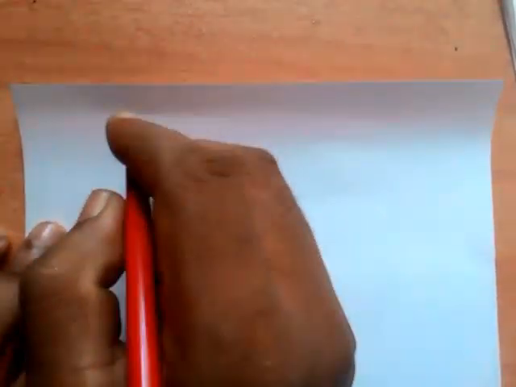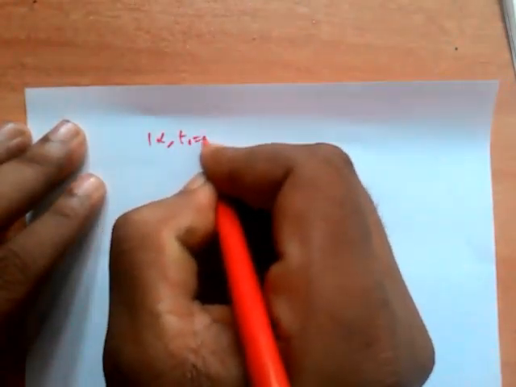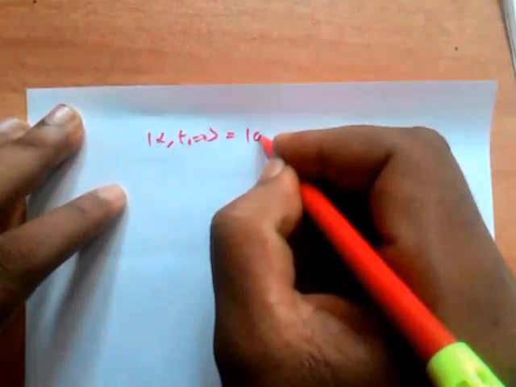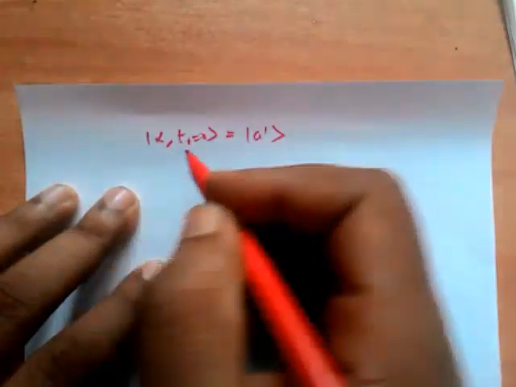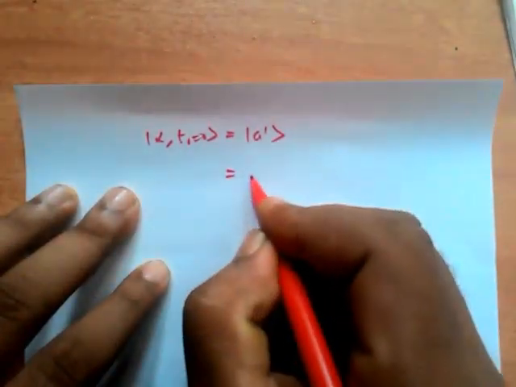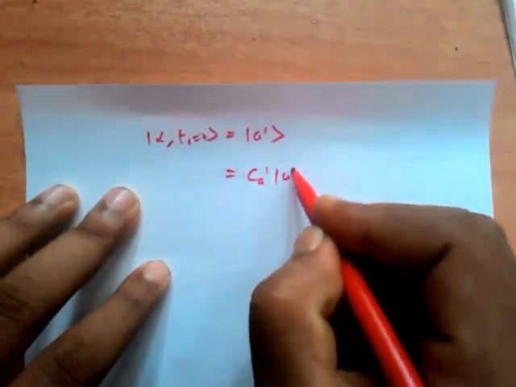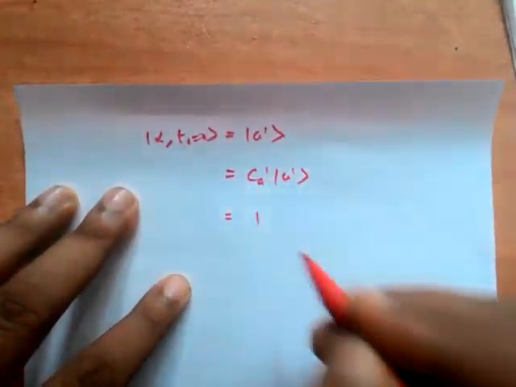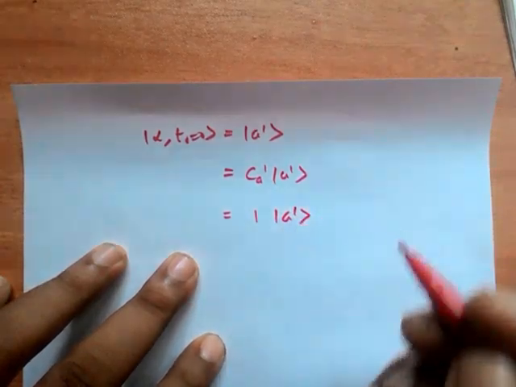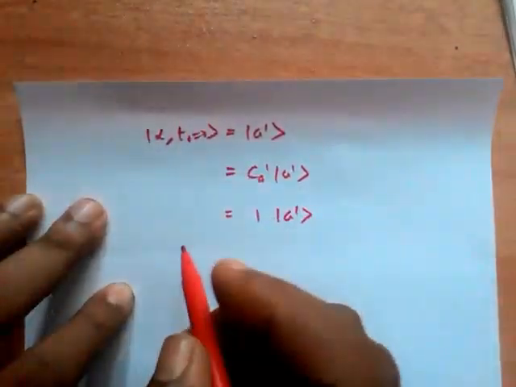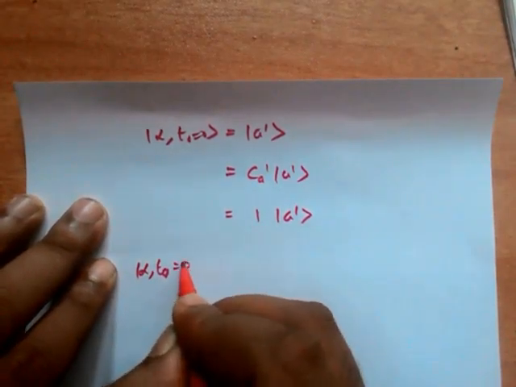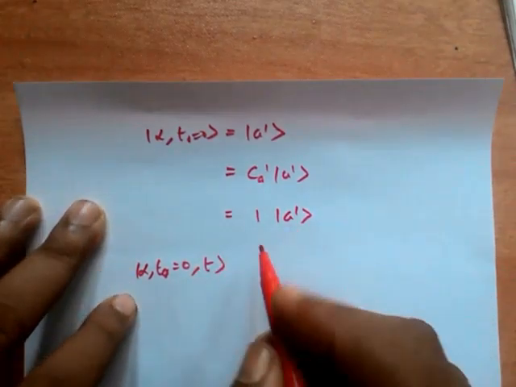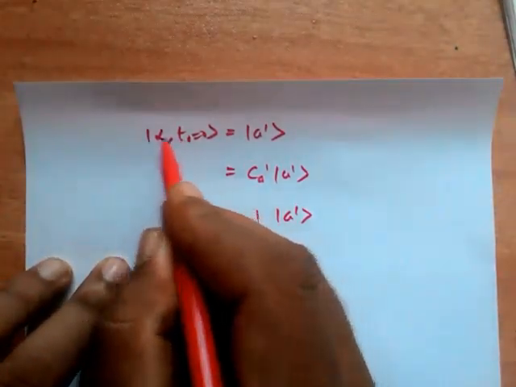let us take a special case, that is this alpha at t_0 equal to 0 is equal to base ket |a'> itself. Base ket a' itself means this alpha we can expand as c_a' |a'>. Okay, this c_a' we are taking here as 1, and this base ket |a'>. Okay, and after time t, this state ket will become alpha at t_0 equal to 0, t. So this will happen because an operator is operating on this state ket.